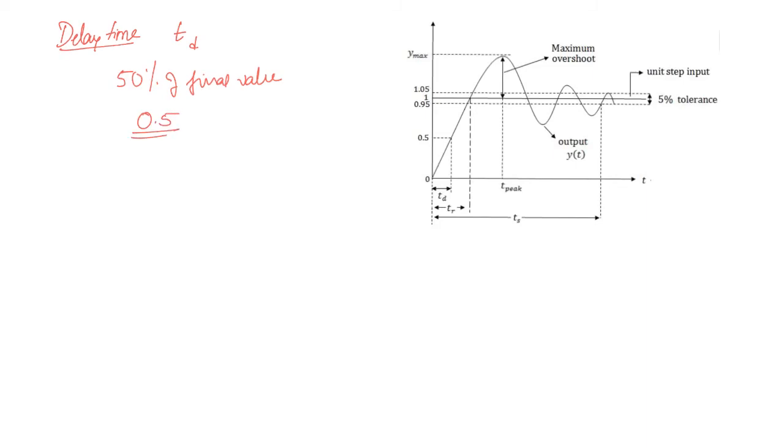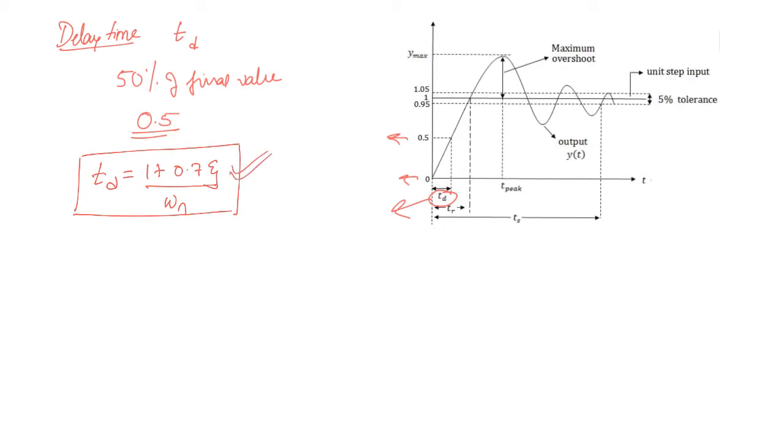This is represented as TD in the graph, from 0 to 0.5. It is given by 1 plus 0.7 zeta by omega n. We will not be deriving this because it is a little more complex, and this value is an approximation.